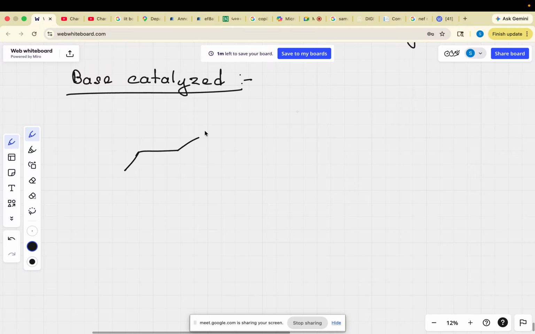So first of all, write down the compound: C3H7, here also you have C3H7, and here you have SiMe3. Above the plane you have OH. If nothing is given below the plane, that means you have hydrogen. Here also below the plane you have hydrogen.